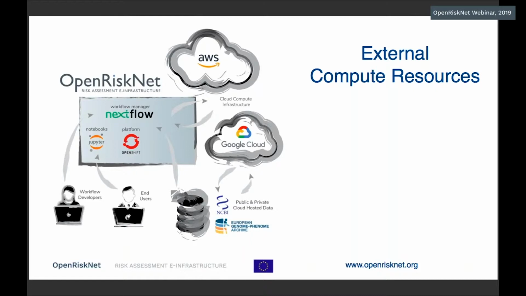It's not necessarily just the size of the data, but how close the data is to your external compute resources, if this is the way that you're going to do it. If all of a sudden you need to compute in the cloud, how long will it take you to get that data to that location? So in this way, we need to use the data resources in a smart way.